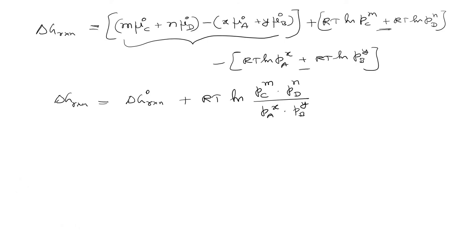Now we know very well that at equilibrium delta G for the reaction should be equal to 0.